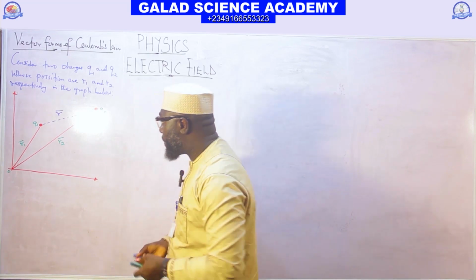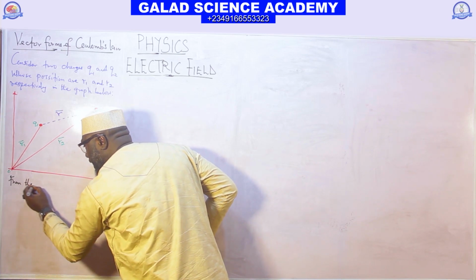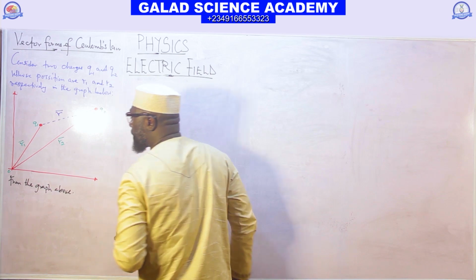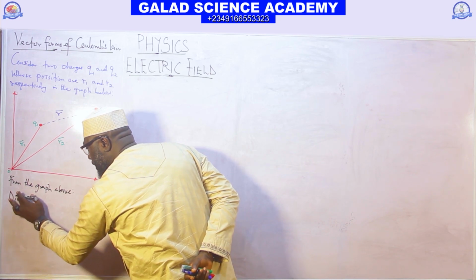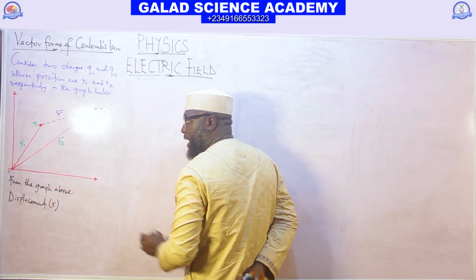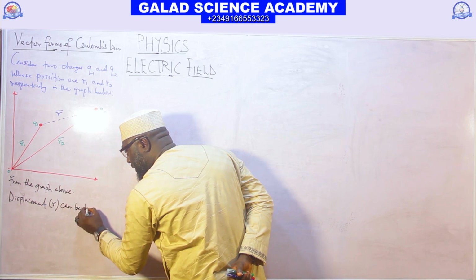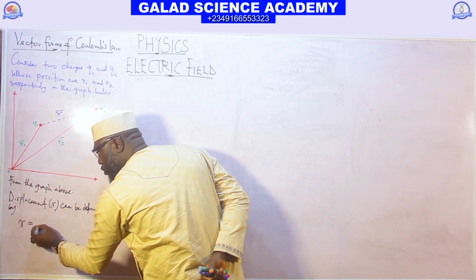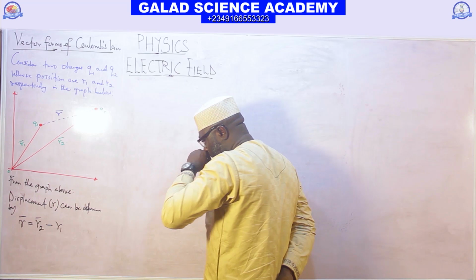So from the graph above, the displacement R can be determined by R equal to vector R2 minus R1.